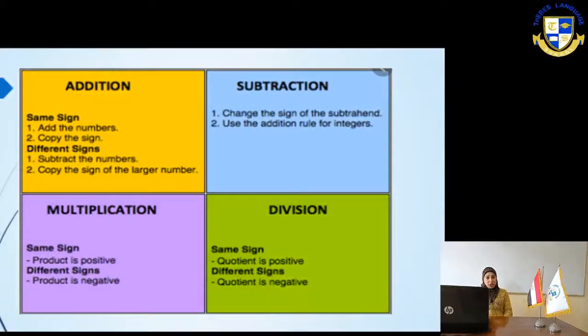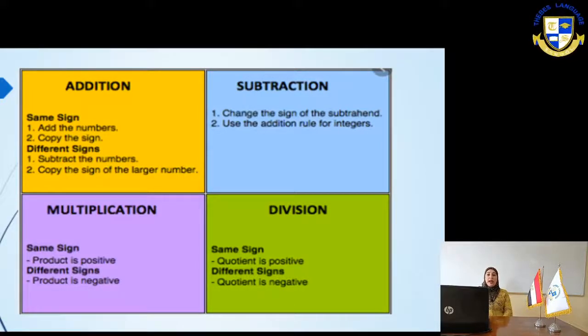Multiplication: if I have two same signs, the answer will be positive. If I have different signs, the product will be negative. And in division, the same signs give a positive quotient, and different signs give a negative quotient.